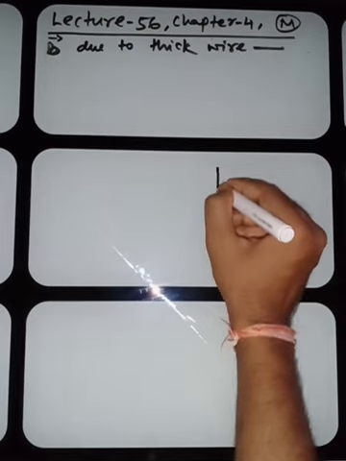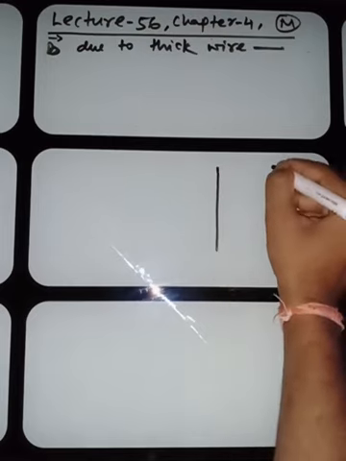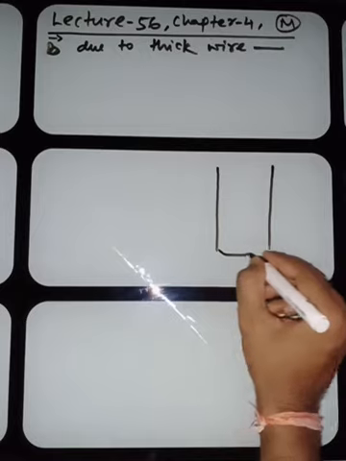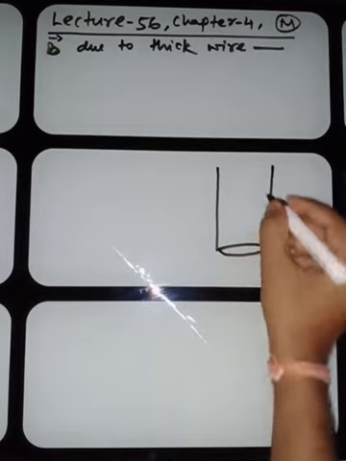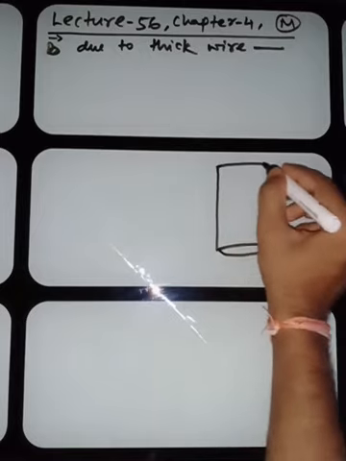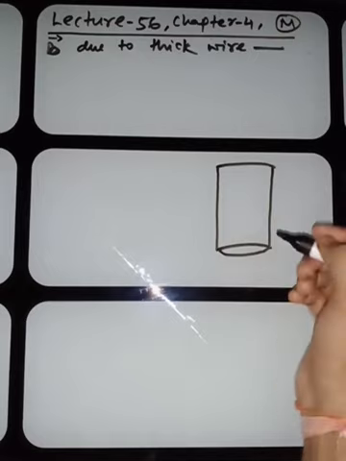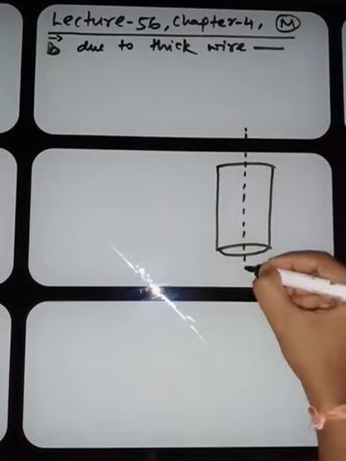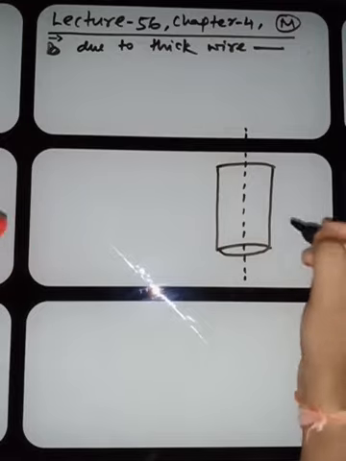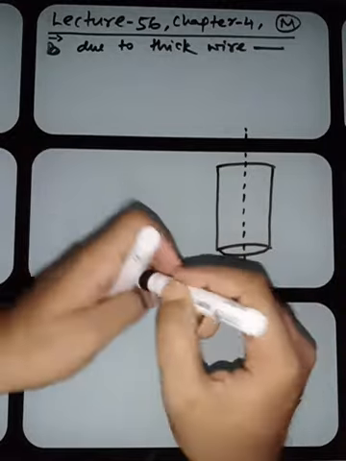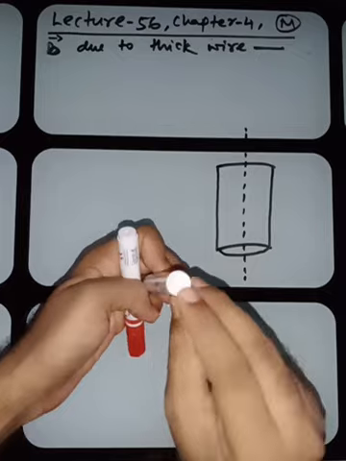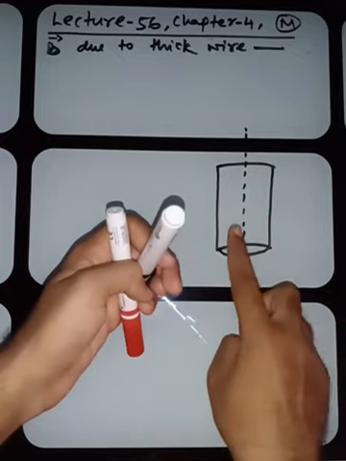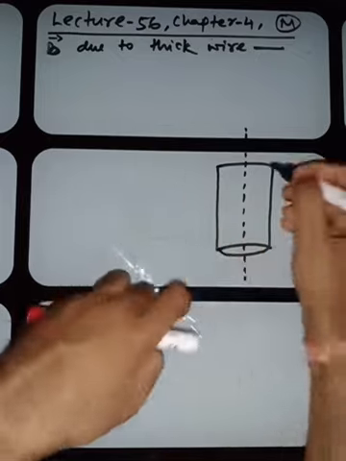Now, this is a conductor. Look here. I have the conductor, which is very thick, and this is the axis. This is the conductor of this particular thickness, and I'm drawing the conductor over here.